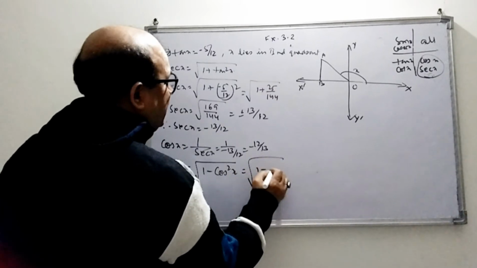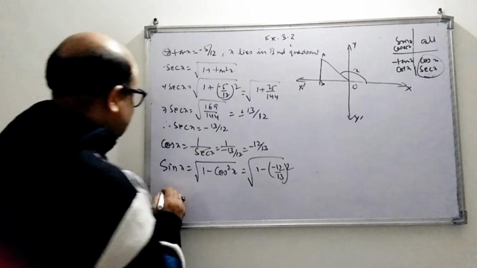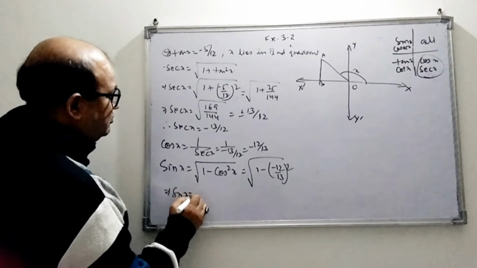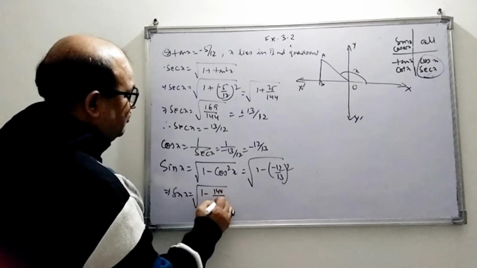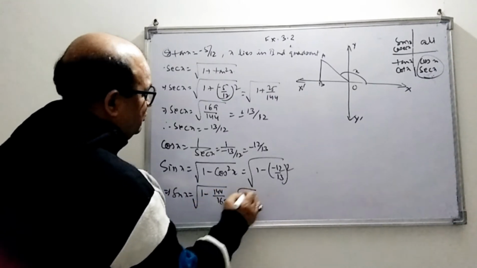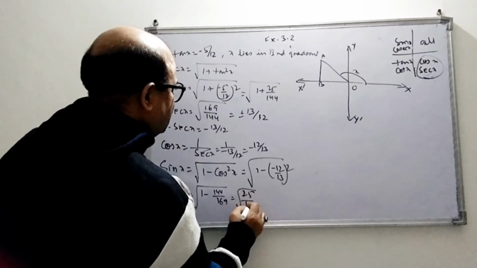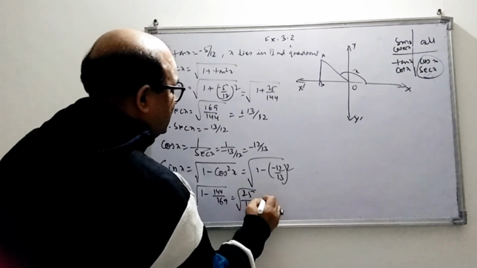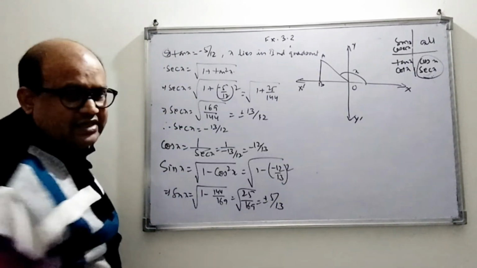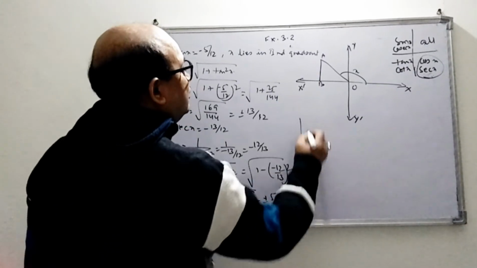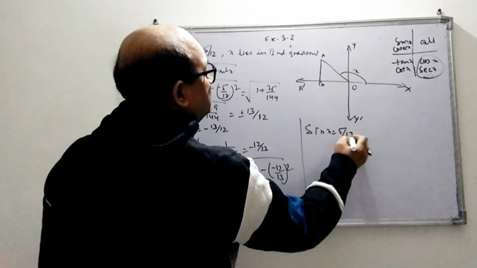That is 1 minus 12 upon 13 whole square, which gives 1 minus 144 upon 169, that gives you 25 upon 169. So sin x equals plus minus 5 by 13. Now in the second quadrant sin is positive. Therefore sin x equals 5 upon 13.